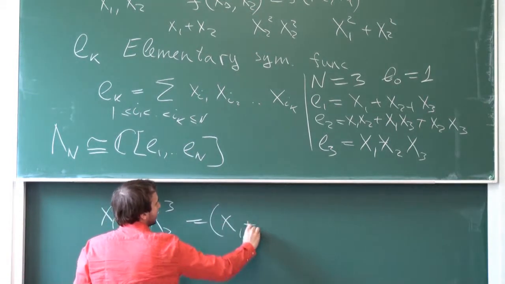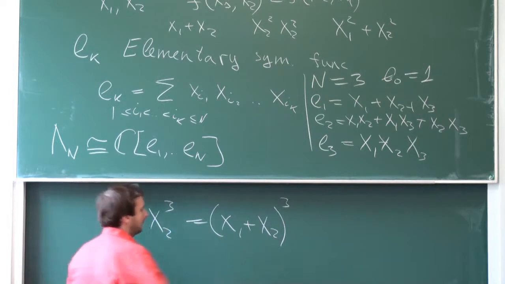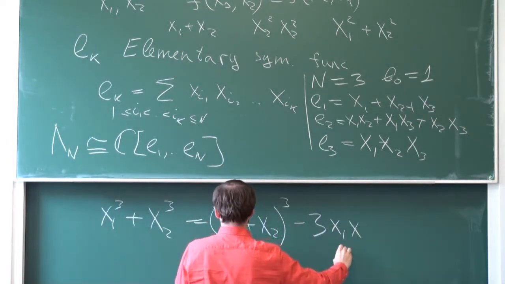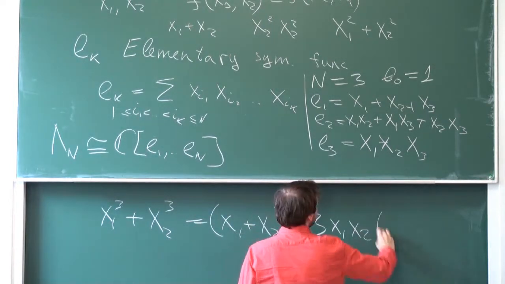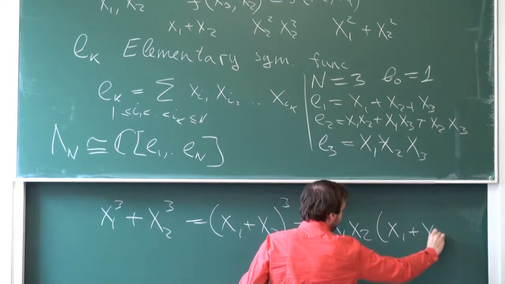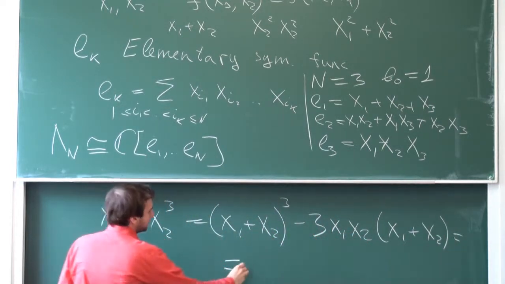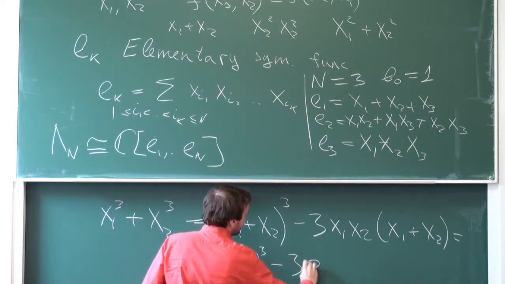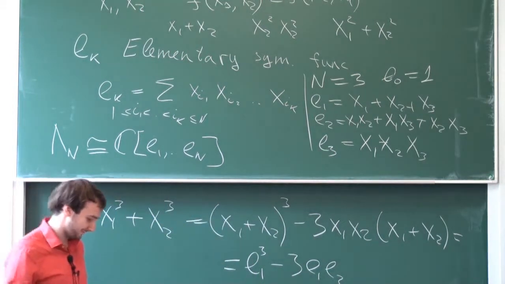You can write it as (x1 plus x2) cubed minus 3 x1 x2 (x1 plus x2). So you can see that this is e1 to the third power minus 3 e1 e2. So we see that at least for this polynomial this theorem holds.